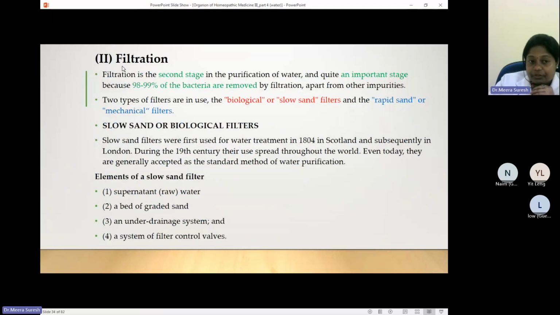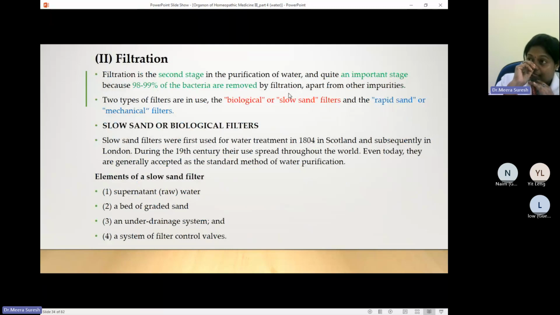The second process is filtration. Now this is important, the second stage. Filtration is the second stage in the purification of water, and quite an important stage because 98 to 99% of bacteria are removed by filtration. One of the most important things is that water should be free of pathogenic organisms.